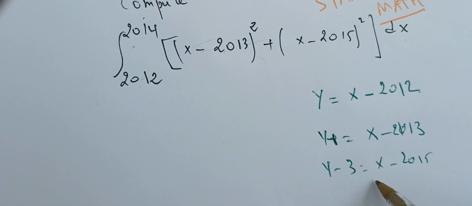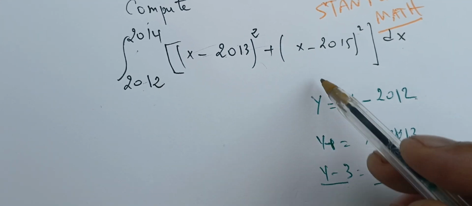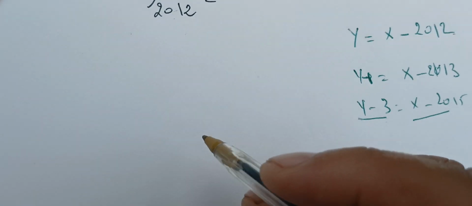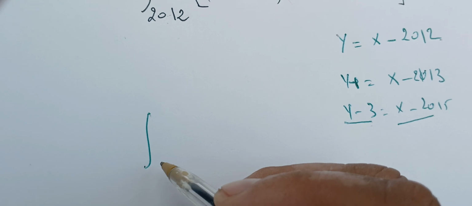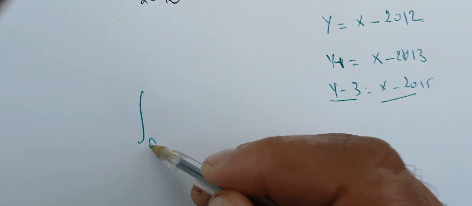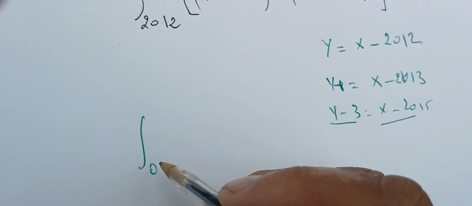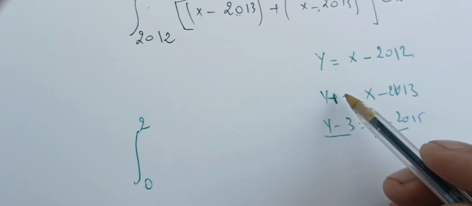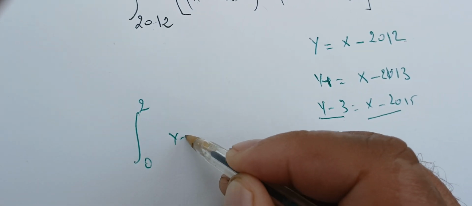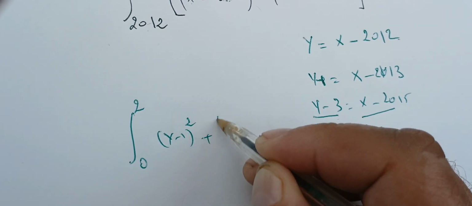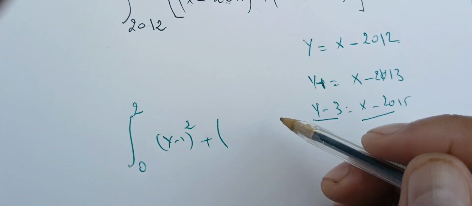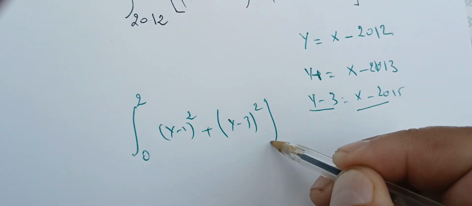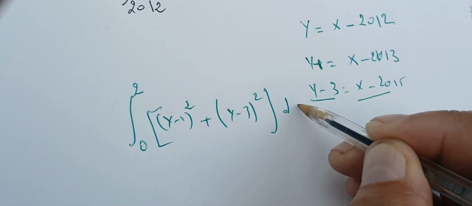As we see here, we can change this one and this one, and we get the following. When x is 2012, y is 0. When x is 2014, y is 2. So x minus 2013 is (y minus 1) squared, and x minus 2015 is (y minus 3) squared, and dx is just dy.